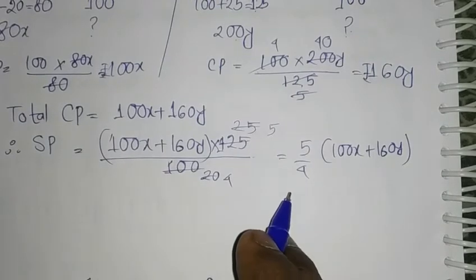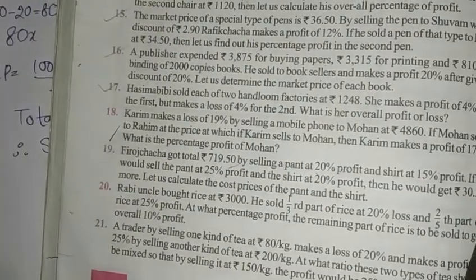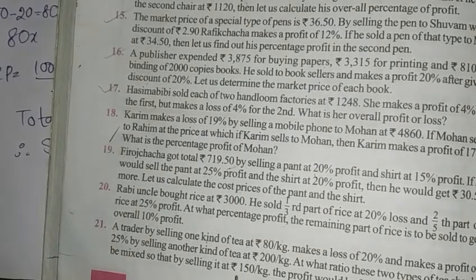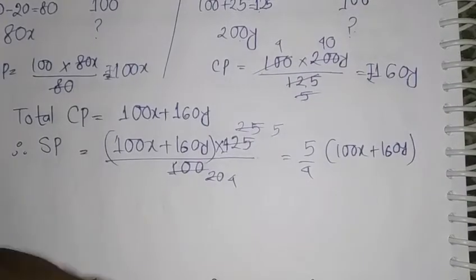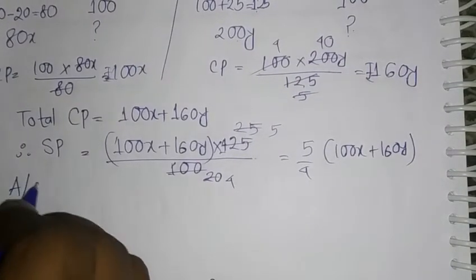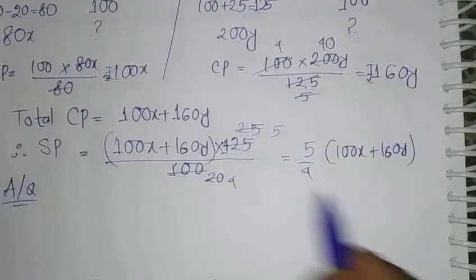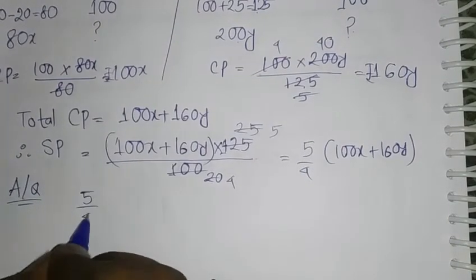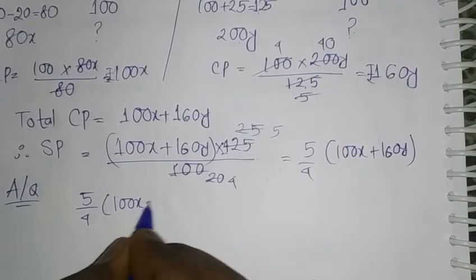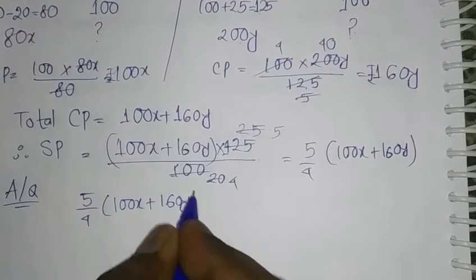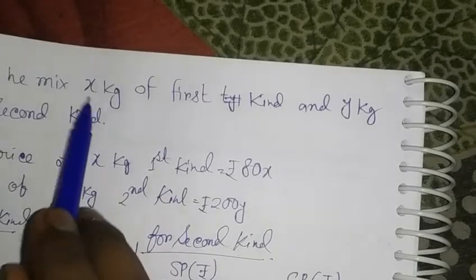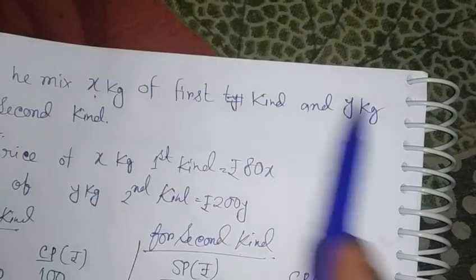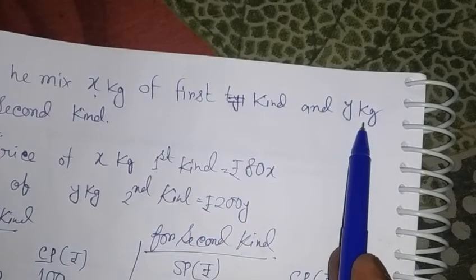Now look, in the last part it is mentioned that to get a 25% profit, we need to sell it at 150 rupees per kg. Okay. Now according to the question, this was the selling price. So 5 by 4 into 100x plus 160y is equal to, now look, we bought x kg of the first type and y kg of the second kind of tea.